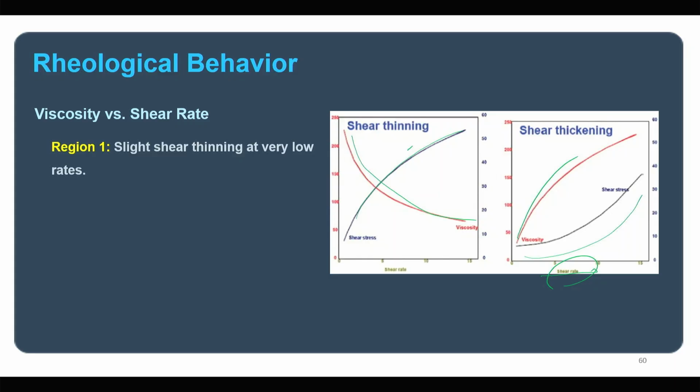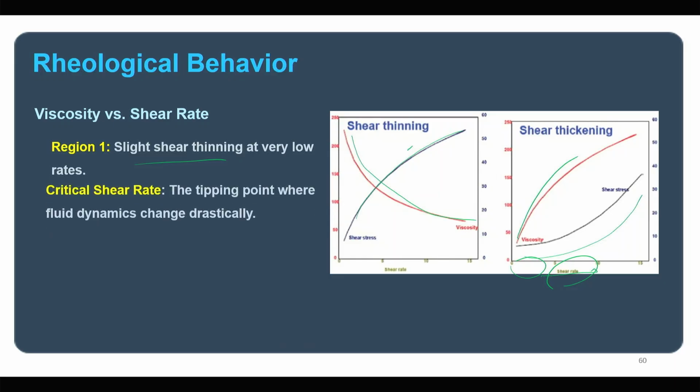So, region 1 is slight thinning at a very low rate. When the rate increases, a critical shear rate will be reached.